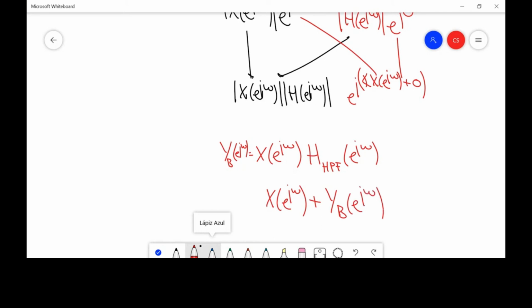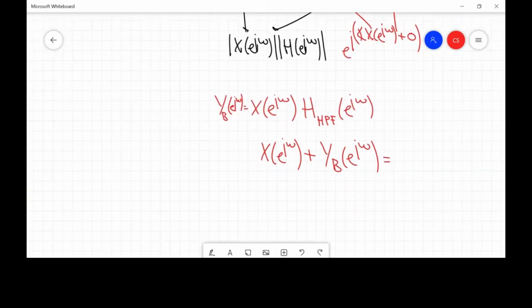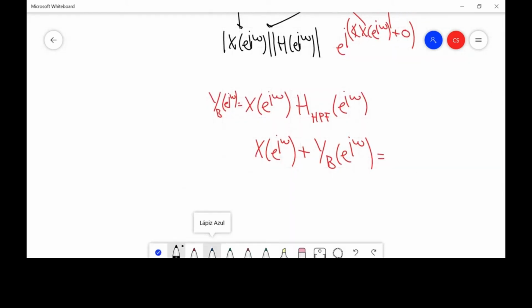This is the same as doing X of A times 1 plus high-pass. So what I have is an image with enhanced borders.